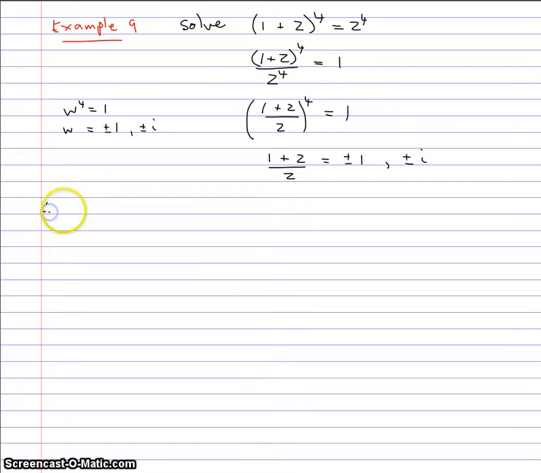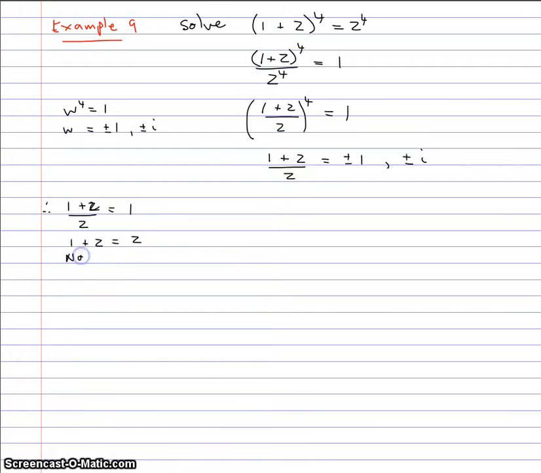So 1 plus z over z equaling 1. Multiplying both sides by z, we have 1 plus z equals z. If we subtract z from both sides, we have 1 equals 0, which makes no sense.